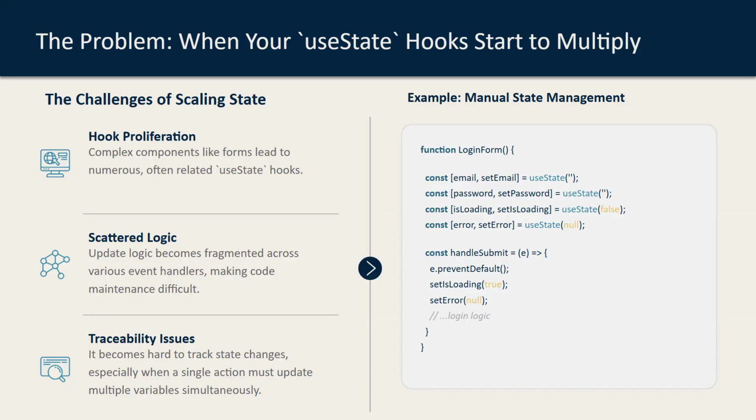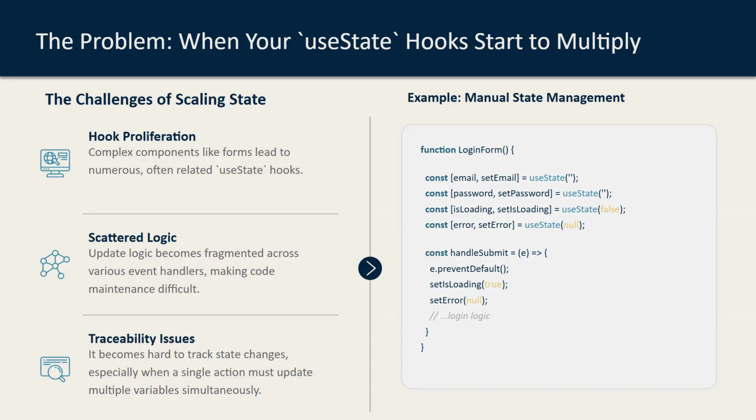In this login form example, the form is still manageable, but you can already start to see the pattern. We have separate setters for each field plus loading and error state. Inside the handler for the submit button, we already need multiple updates together, like setting loading and clearing errors before the login logic even runs.